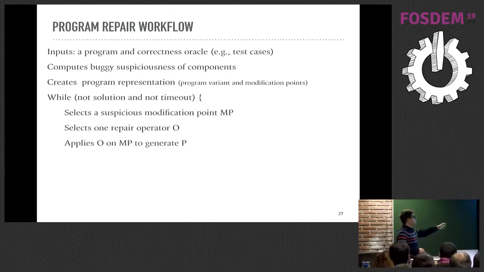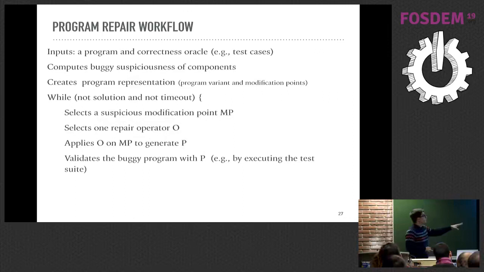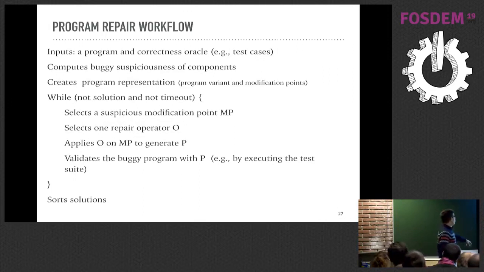We apply the repair operator to the statement to generate a patch. And then we validate the patch, that means executing all the test cases. After we end this loop, if we find some solutions, we sort the solutions according to some criteria.